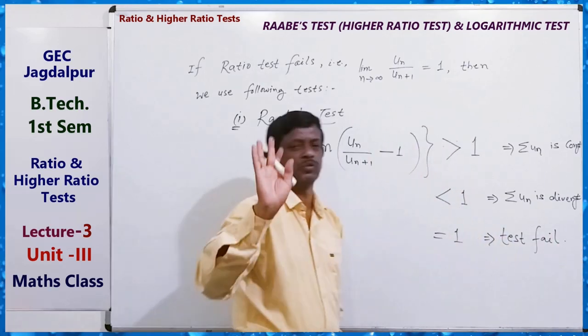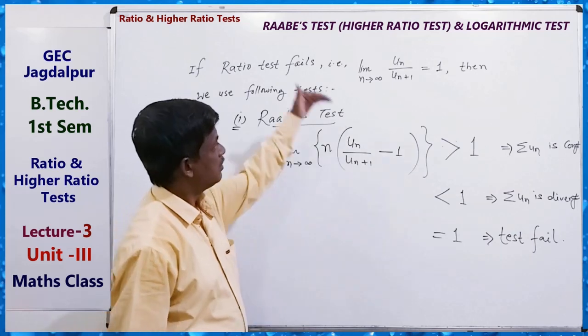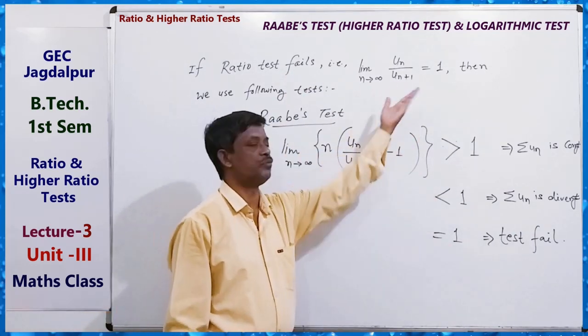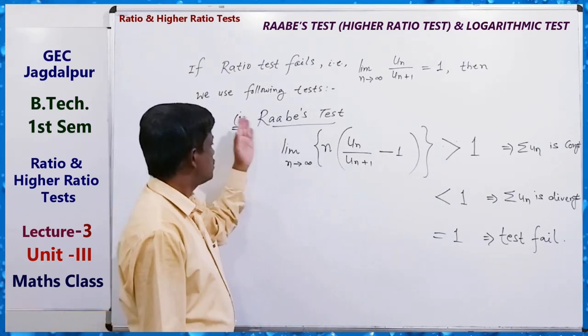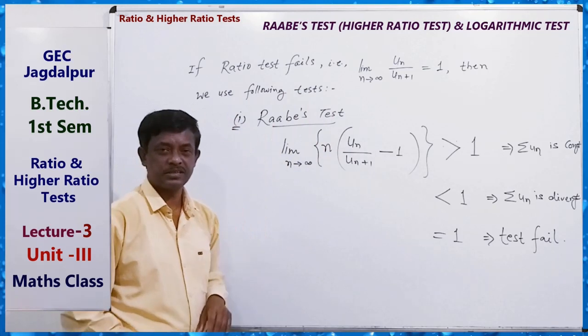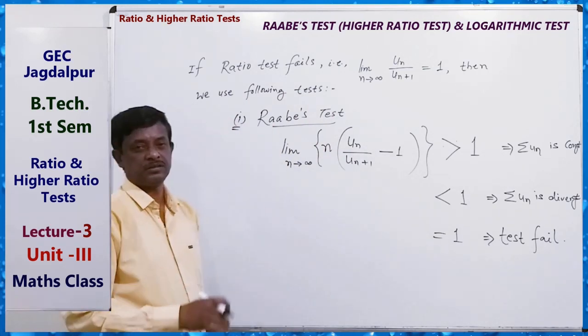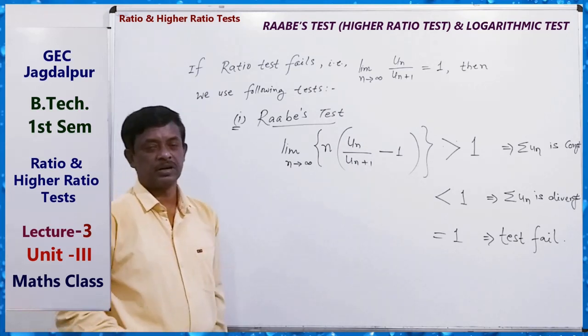This is a very simple process. Remember this. Whenever the ratio test fails, when its limit is 1, then we use either Raabe's test or logarithmic test, Gauss test, De Morgan-Bertrand test.